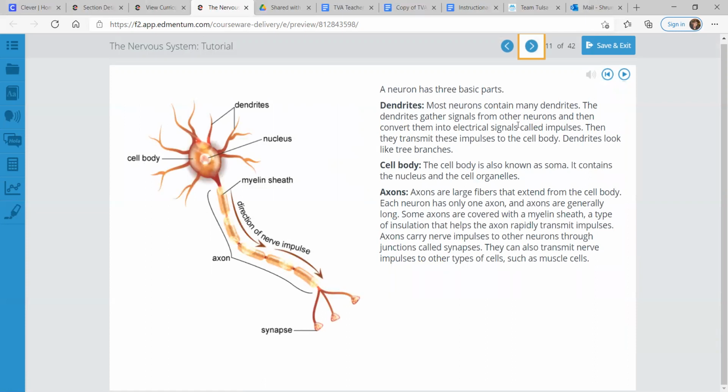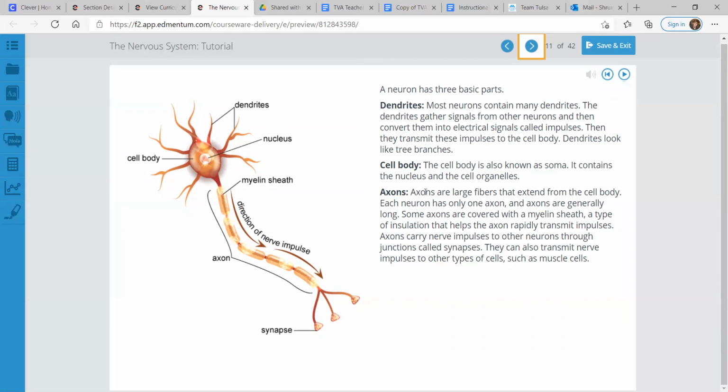There are three basic parts. We have the dendrites. These are these little branch-looking things. The dendrites gather signals from other neurons and then convert them into electrical signals called impulses. Then they transmit these impulses to the cell body.